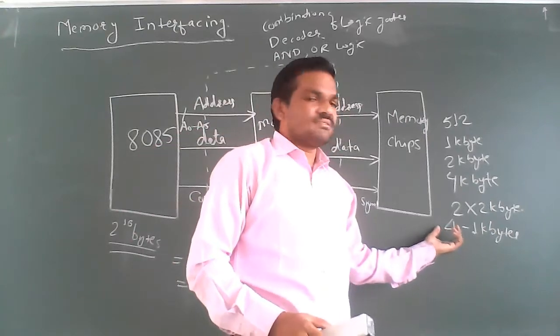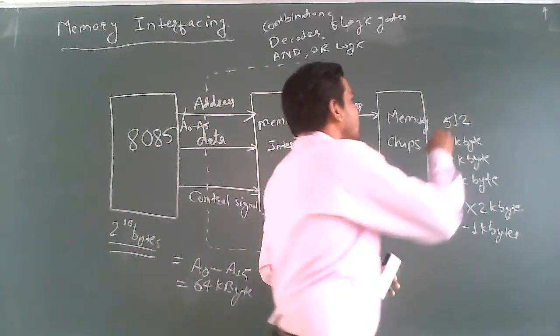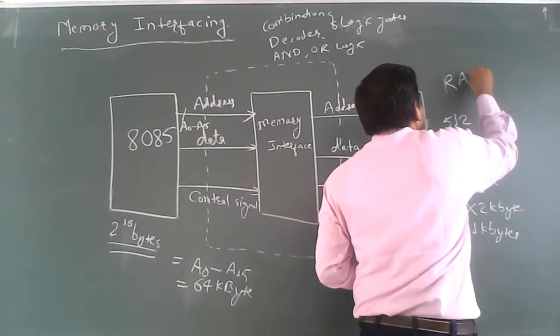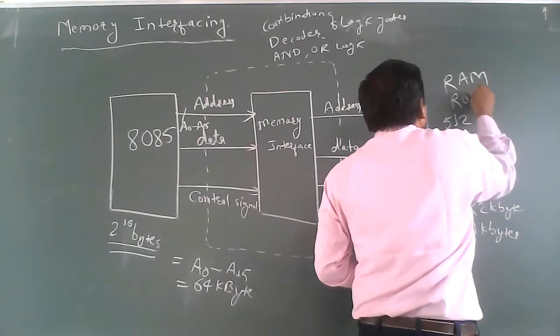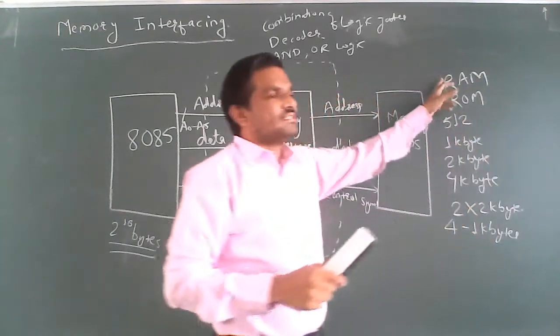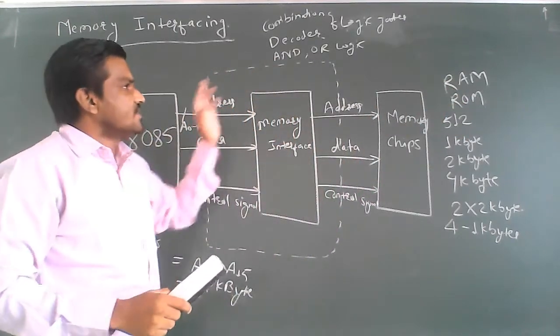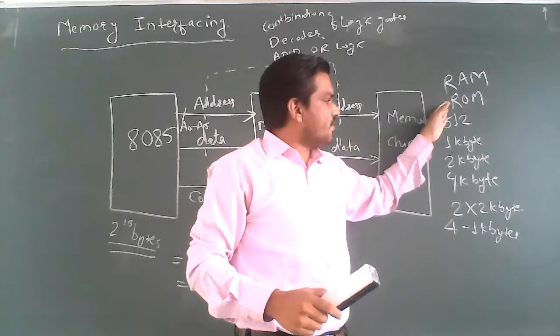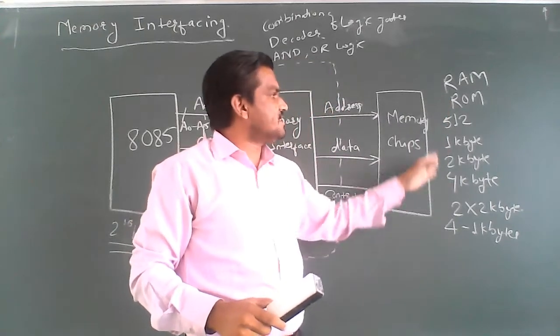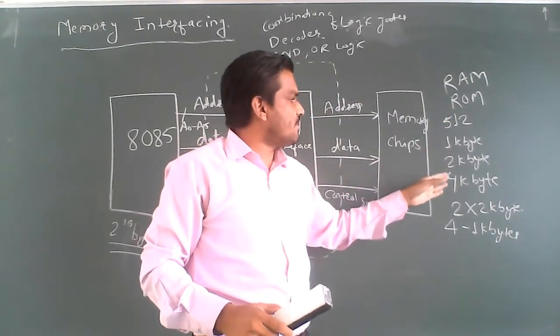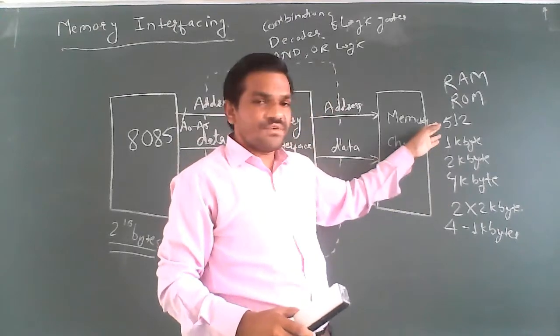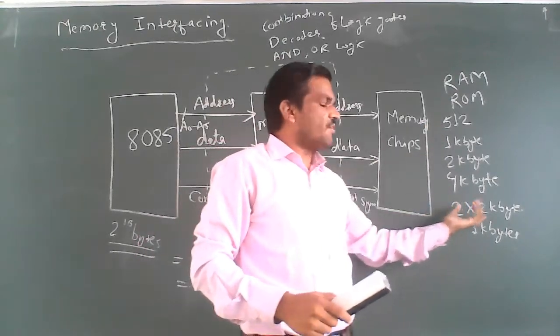We can attach multiple memory devices, either RAM, random access memory, or ROM, read-only memory. We can interface the 8085 with RAM as well as ROM, and the chip size can be 512, 1, 2 or 4 kilobytes.